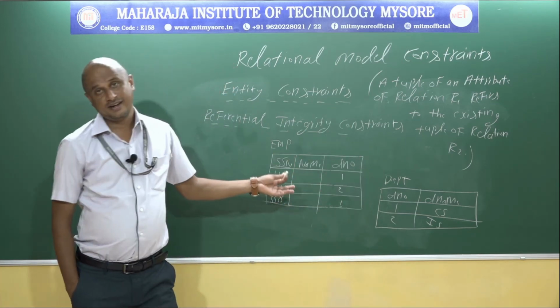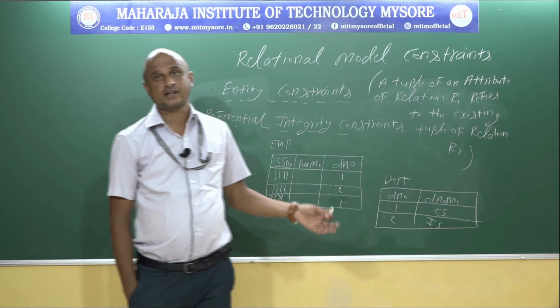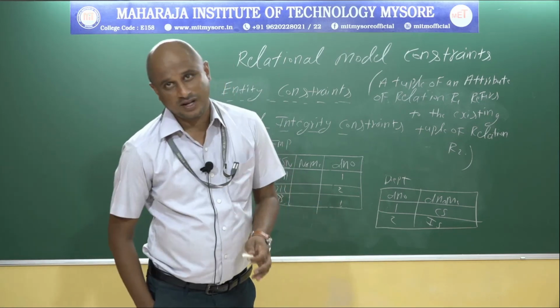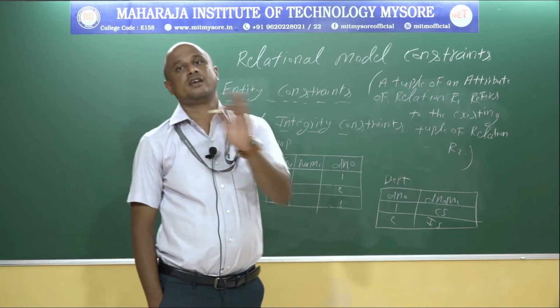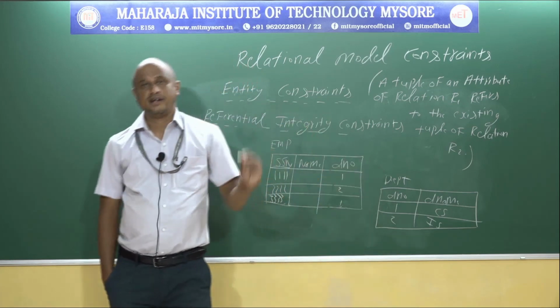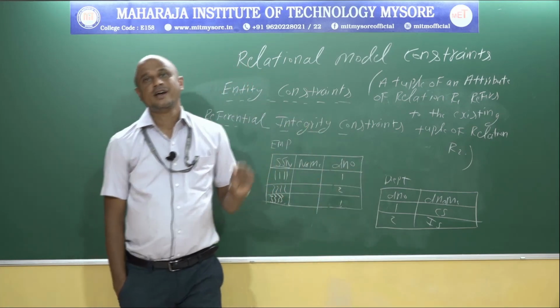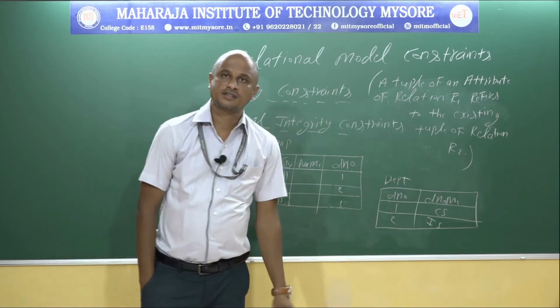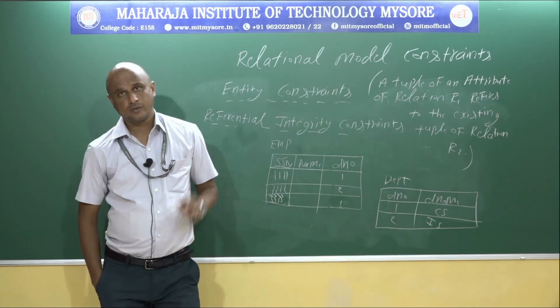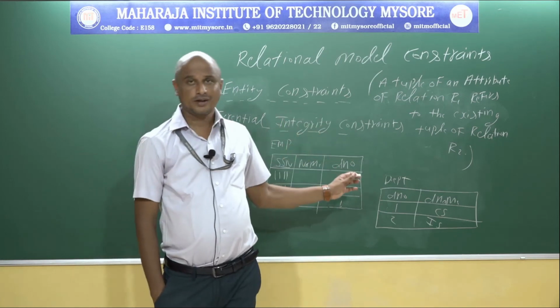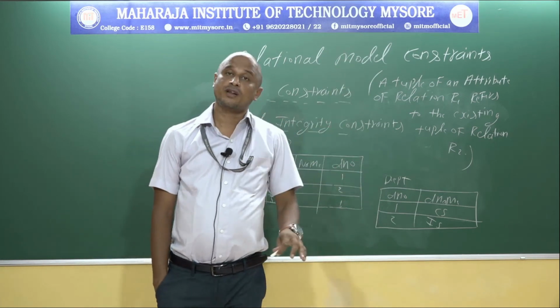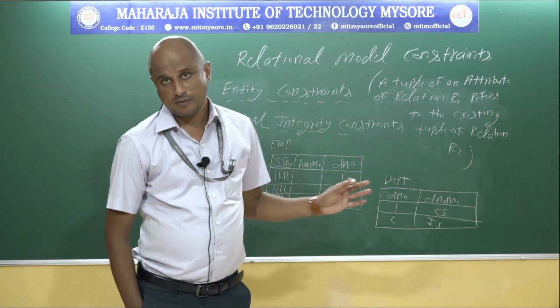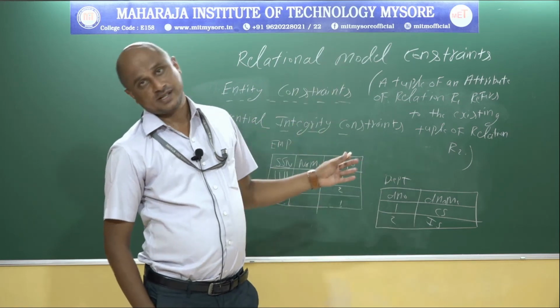Then it comes with the entity integrity constraint, the rule that defines primary key cannot be null. If it is null, then you are violating the entity integrity constraint. Then comes the referential integrity constraint, where I told you must refer to an existing tuple of relation R2. When you go for reference, it must exist.